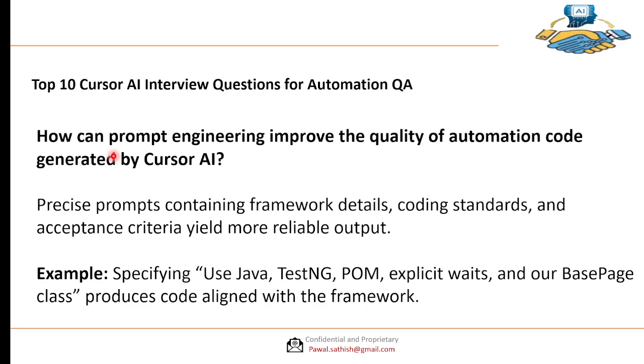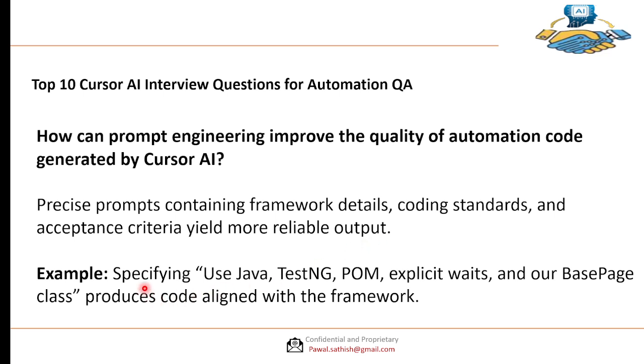How can prompt engineering improve the quality of the automation code generated by Cursor AI? We need to give precise prompts containing the framework details. The more details you give, the more accurate the output you will get: coding standards, then acceptance criteria, so it will be more reliable output.